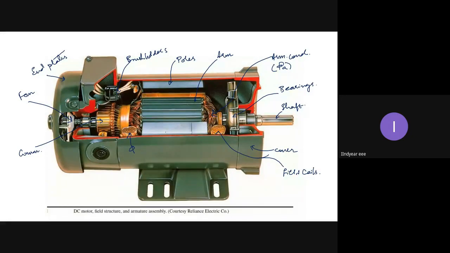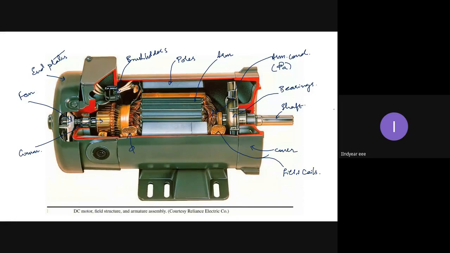There will be a continuous interaction between phi A and phi, and as a result there will be the effect of armature reaction. The effects of armature reaction are two. One is the demagnetizing effect, where the total flux produced by the main field will decrease. The second is the cross magnetizing effect, which will distort the uniform distribution of the main flux, which is the reason for hysteresis loss.